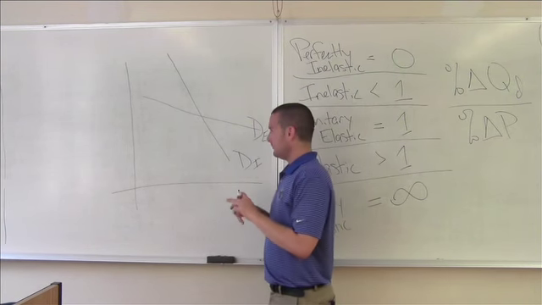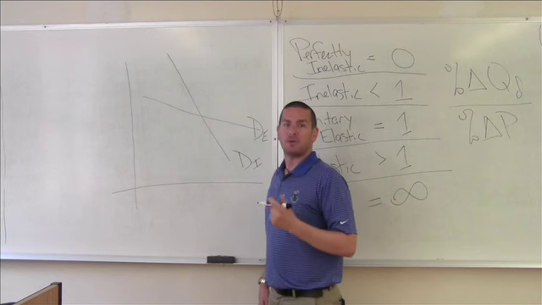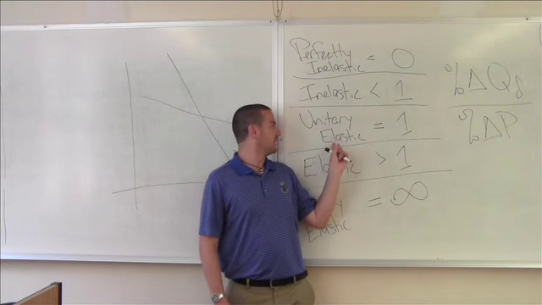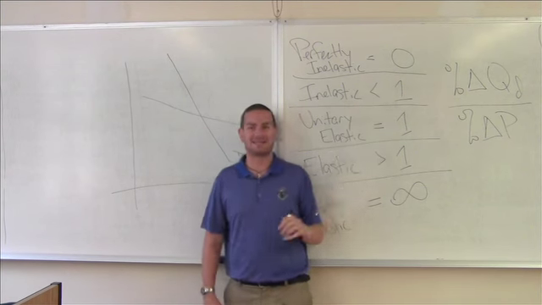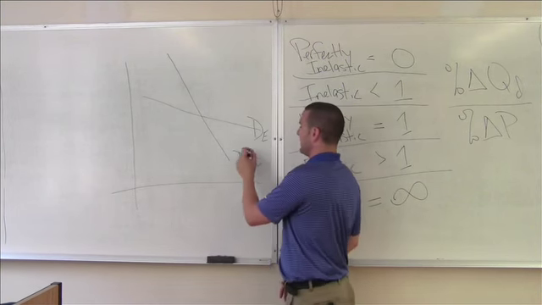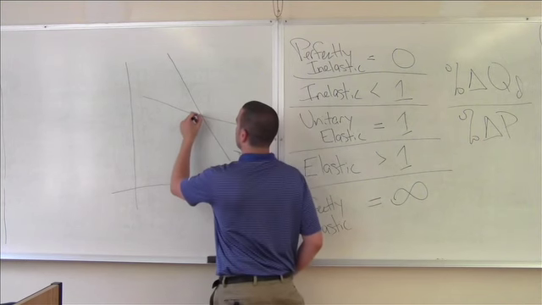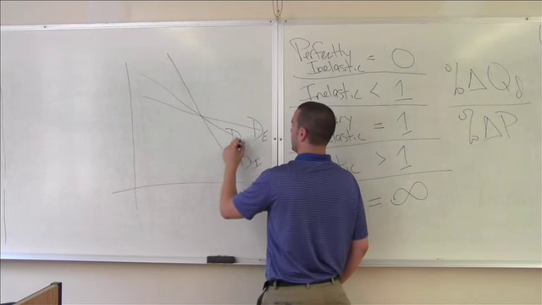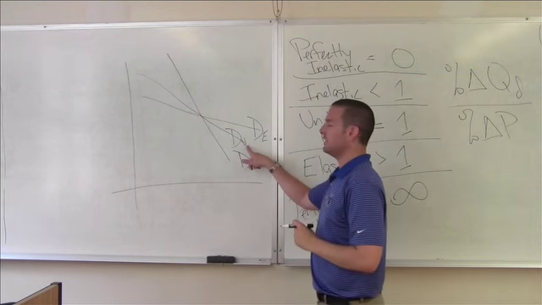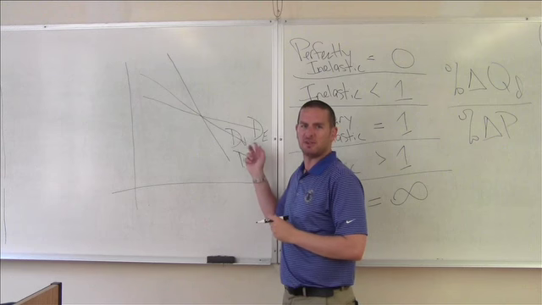That's what we call unitary elastic. Unitary for 1. So that would be right in the middle. I'm just writing du for demand unitary.